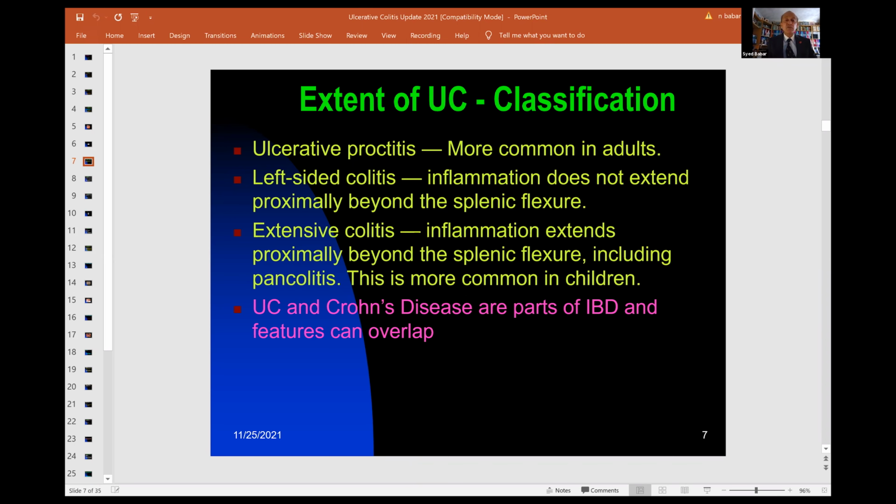In between, there would be left-sided colitis limited to rectum to splenic flexure, and extensive colitis when it may involve all of the areas of the colon. And I'd like to emphasize that some of the features behaviorally and clinically are similar in all inflammatory bowel diseases such as Crohn's colitis and ulcerative colitis, and the features can overlap, and it will be difficult to diagnose one from the other.